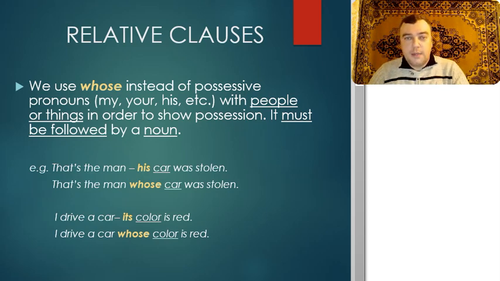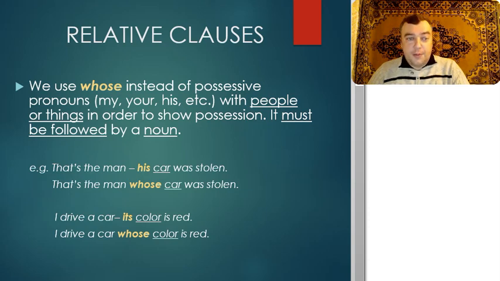So car is the man's possession, and we need a possessive pronoun in order to replace the word the man. So the man's car was stolen, his car was stolen. And if we want to turn the second part into a relative clause, we just need to change his to whose. That's the man whose car was stolen.